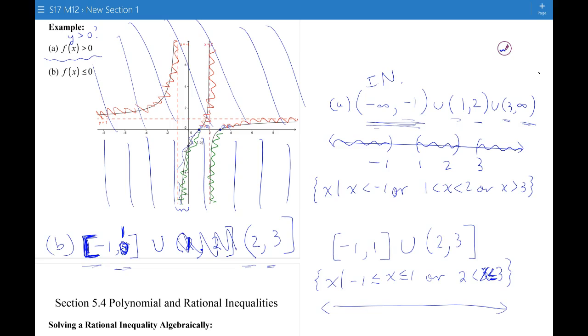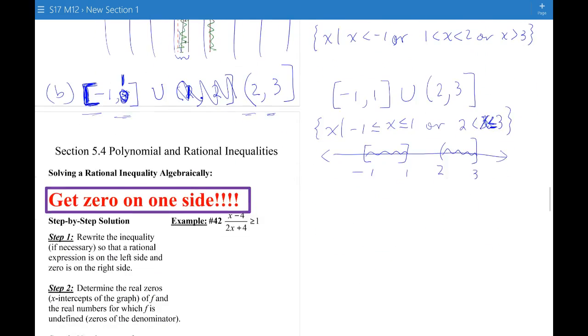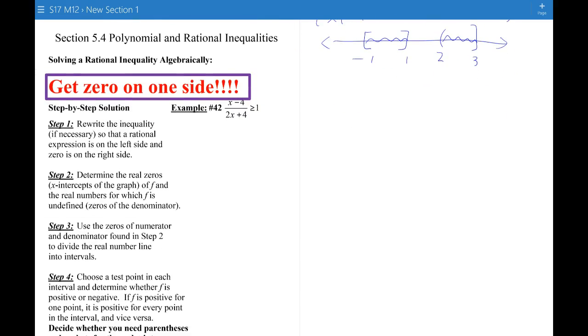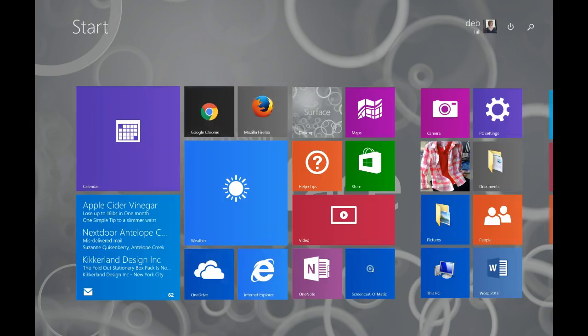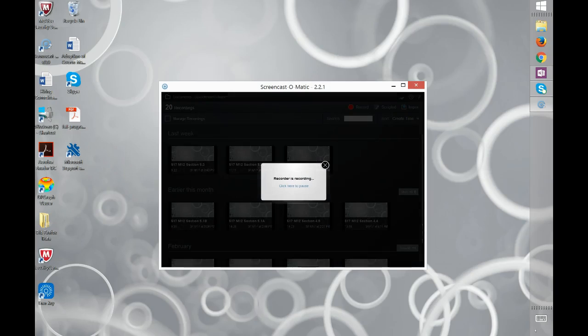And then here is the graph of the solution set. Okay, and then to do it algebraically, I'm going to make another movie for that because it's going to be a more complex procedure.